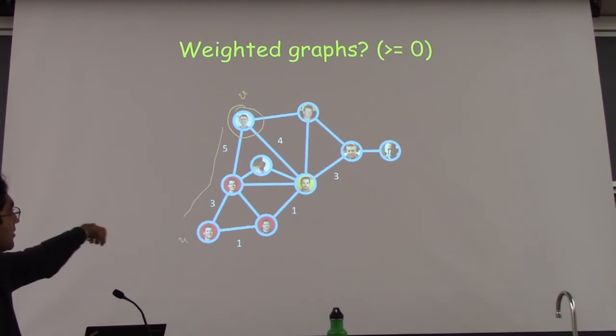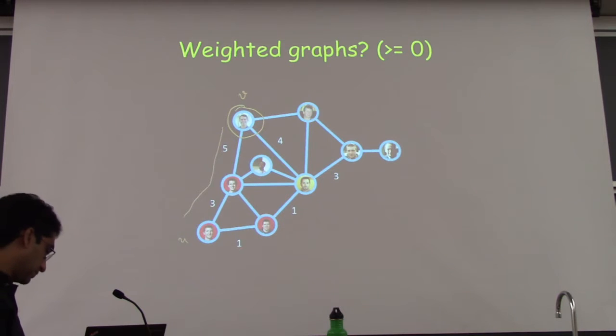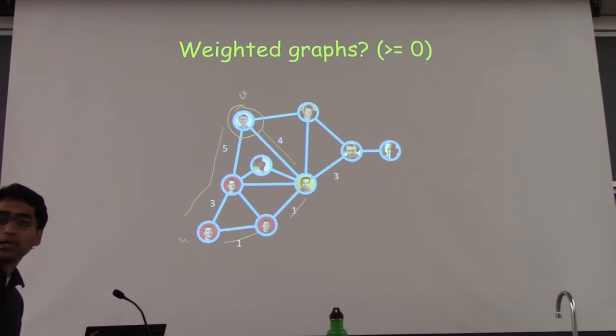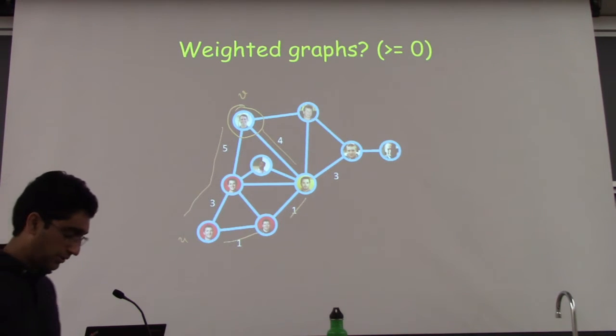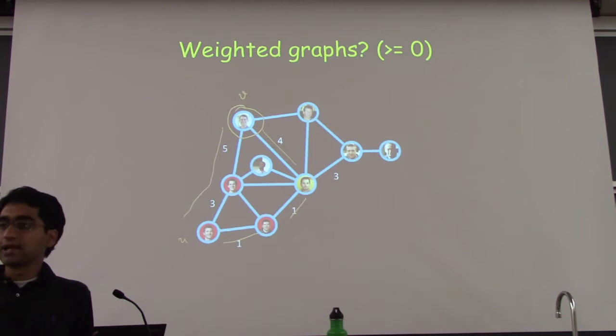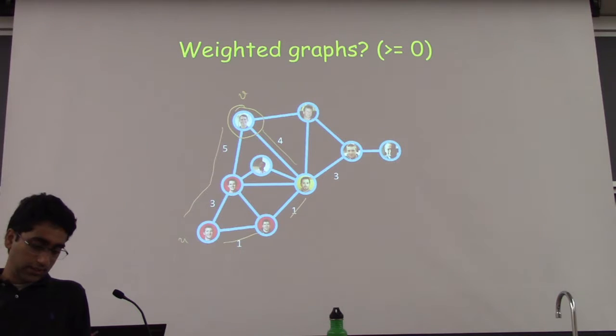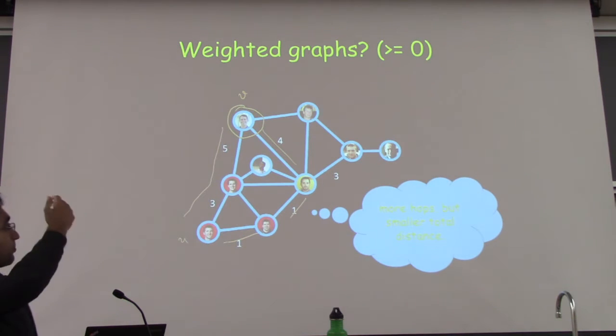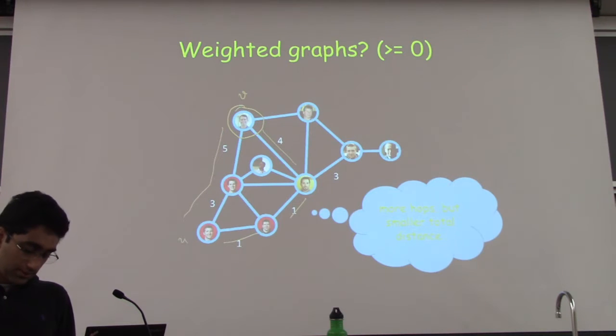So the path which takes 3 hops is actually the right one that we want to find. This is why on weighted graphs you have to be a little bit more careful. This new path has more hops, but has smaller total distance.